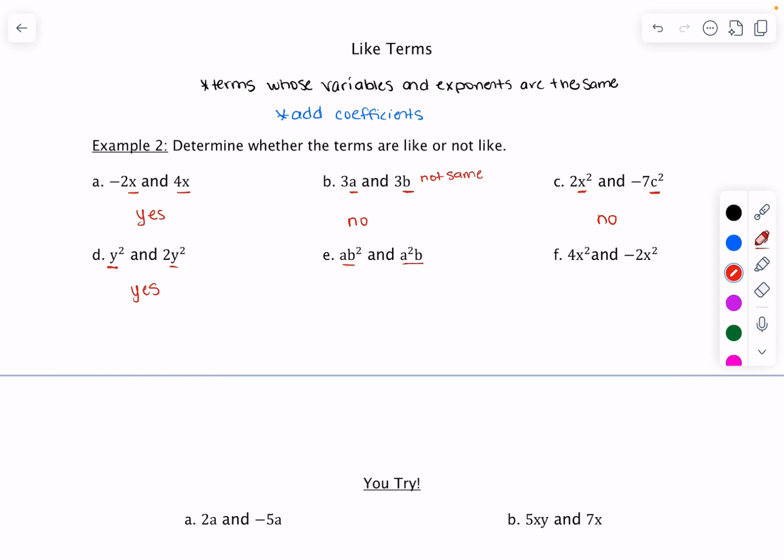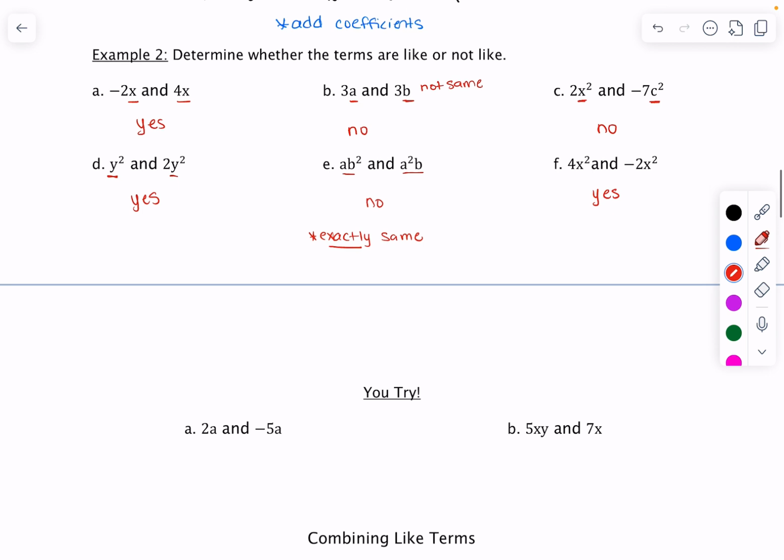And the b in the first one's squared, but the b in the second one isn't. So that is a no. They have to be exactly the same. Okay. And in my last one, I've got an x squared and an x squared, so that's going to be a yes. So that's determining whether or not like terms are like or not like.